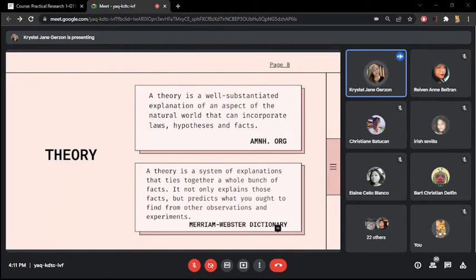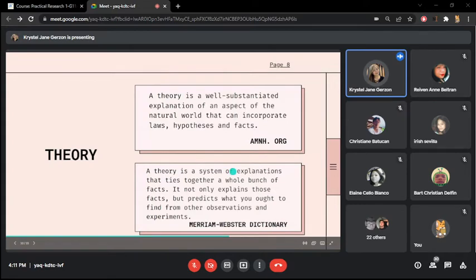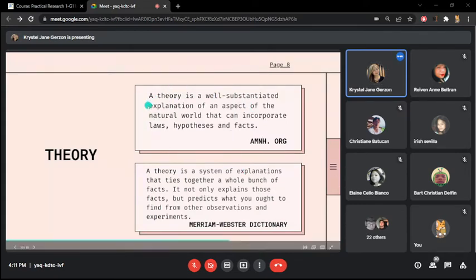Now, if you look at the two definitions here, the common word that really describes a theory is the word explanation. So basically, guys, a theory is an explanation of a certain subject that is based on facts.